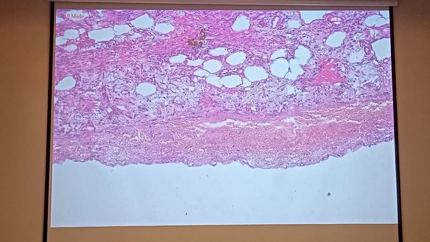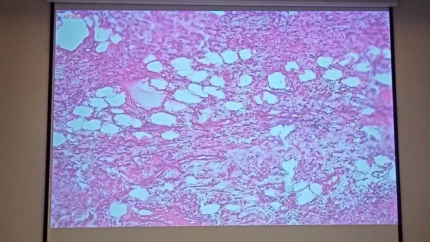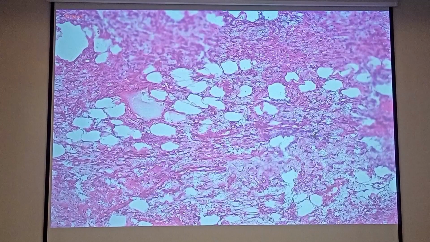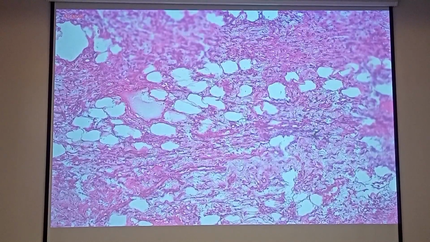And then actually this wall is thickened by virtue of the fact that there are cells in here. I think there's edema still in this tissue, but there is much deposition of these collagen fibers now.